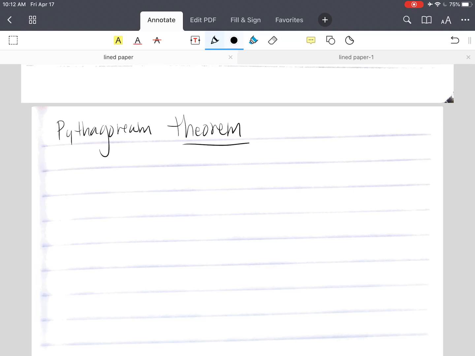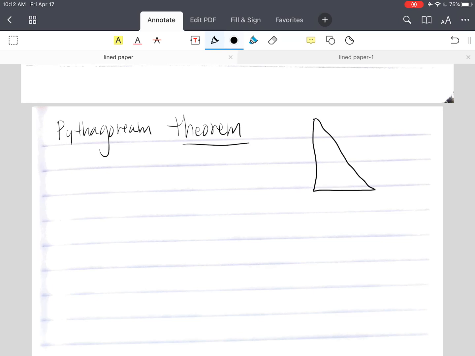People in Mesoamerica, in China, in Japan, India, there have been people in different times discovering this theorem. And it's so beautiful because even the Egyptians were using this theorem to create perfect triangles. It's amazing, okay? So this is what the theorem states.